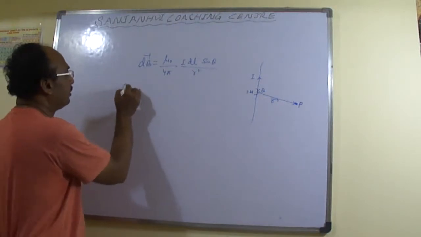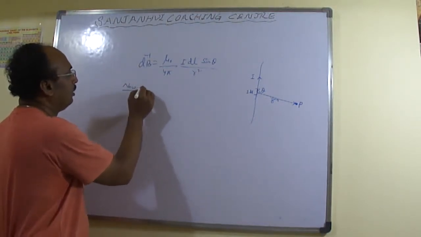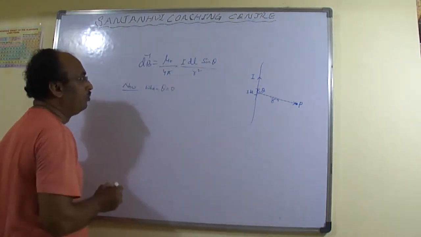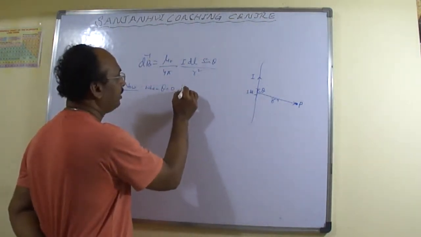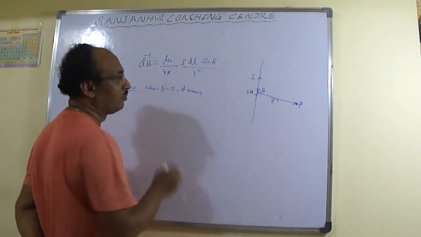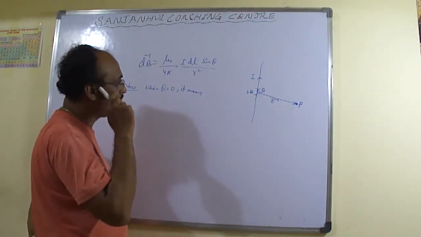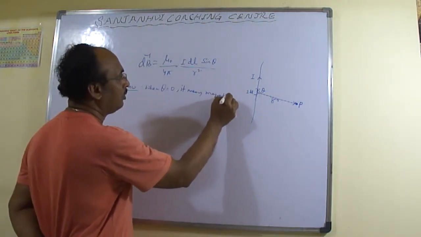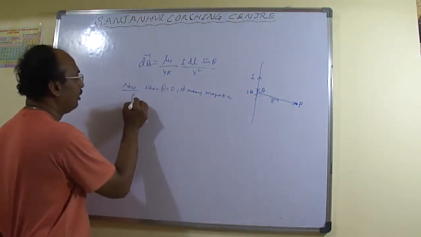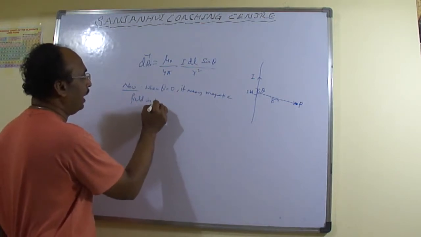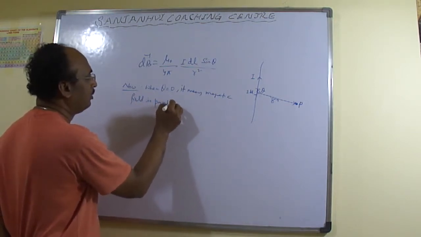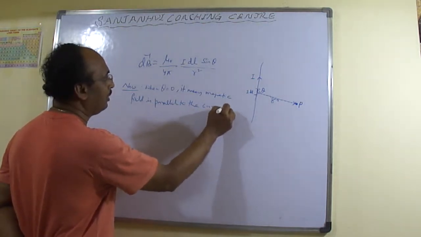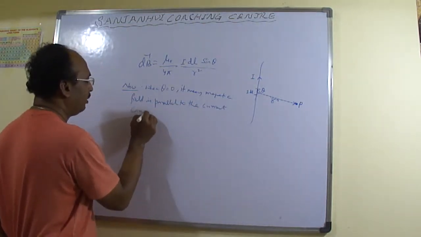Now, when theta is equal to 0, it means the magnetic field is parallel to the current carrying element I dl. Yes or no? Yes, sir.